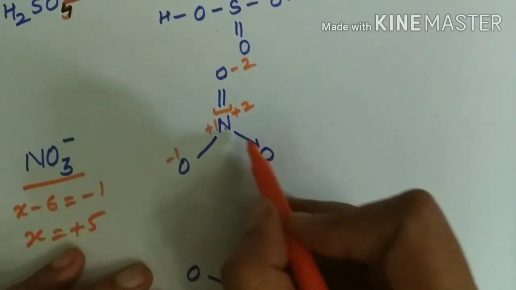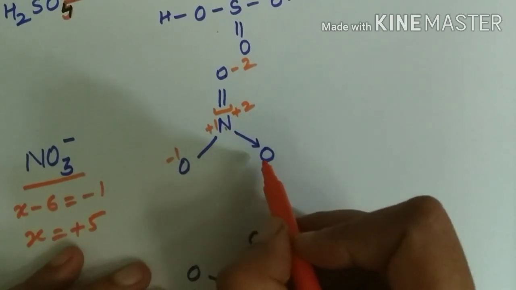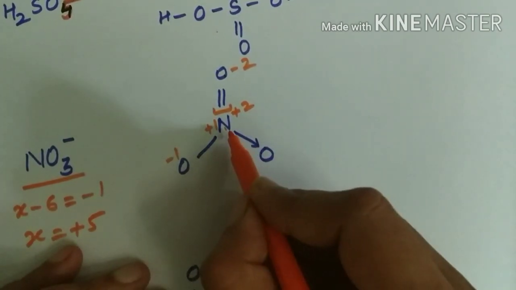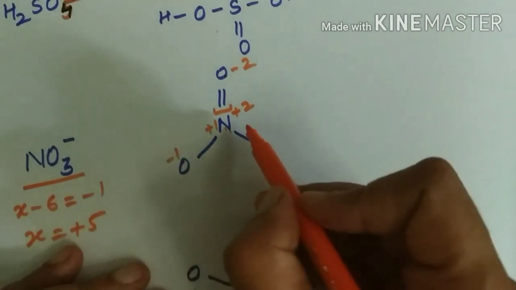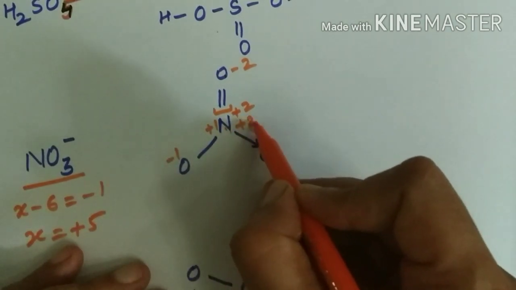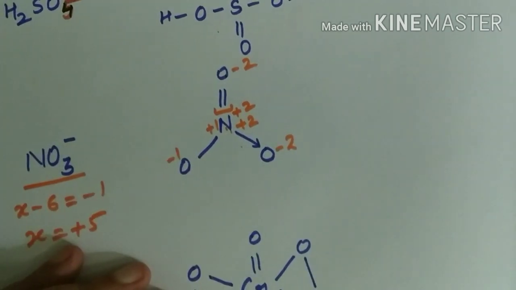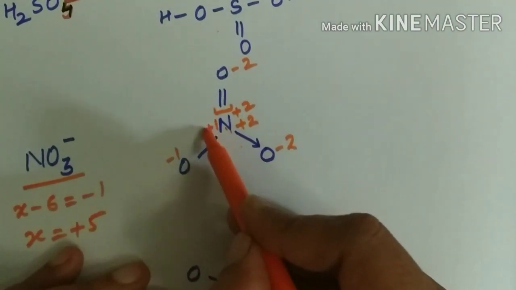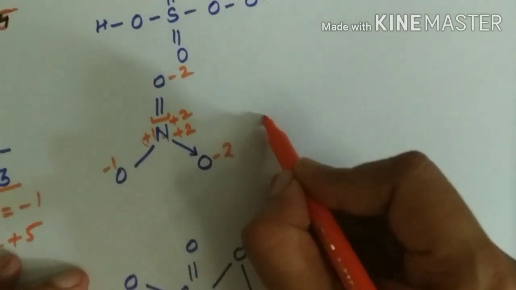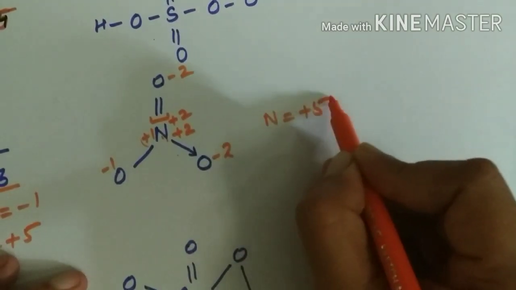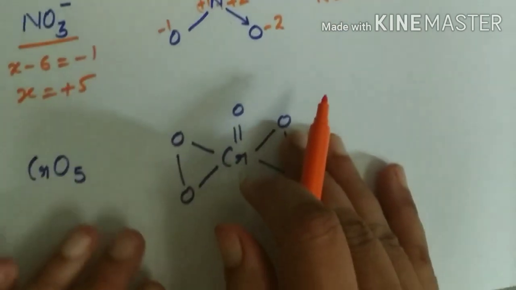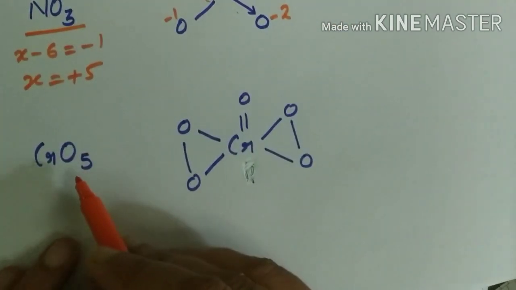Now this is a coordinate bond. In a coordinate bond, the element which is less electronegative is assigned +2 oxidation state, and the more electronegative is assigned -2 oxidation state. So the total oxidation state of nitrogen comes out to be +5. So here it is the same.